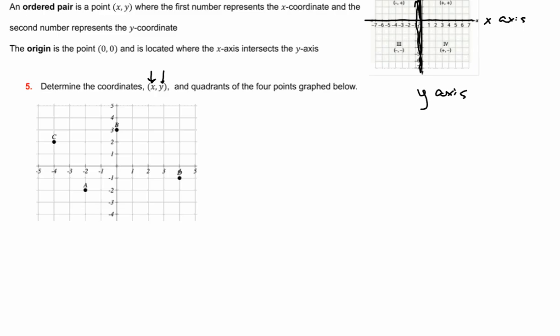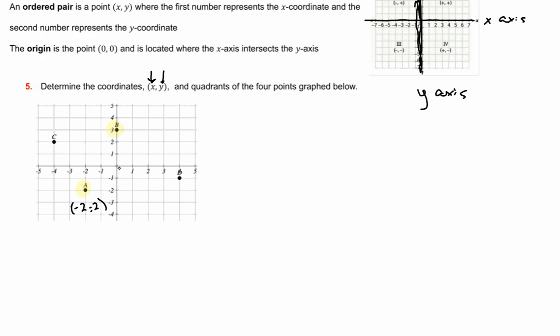Looking at these numbers here, I can see my first one is this right here. This is A, so I can talk about this as left 2 and then down 2. That makes this ordered pair negative 2, negative 2. Now for the next point, which is our point B right here, this is going to be left and right 0.